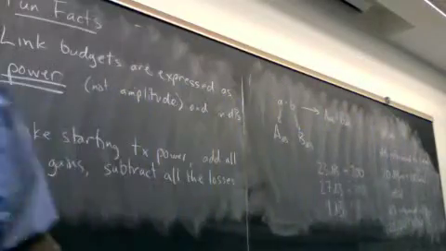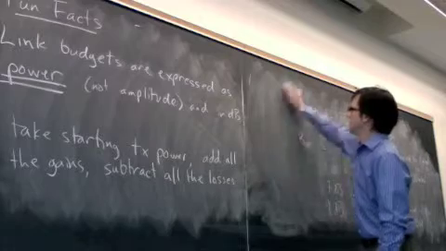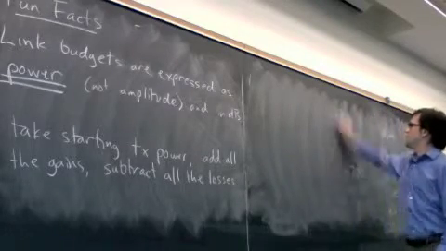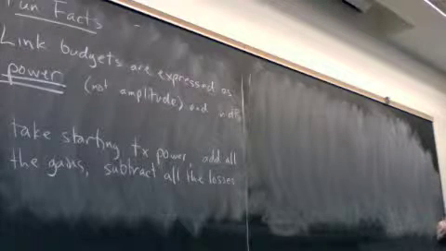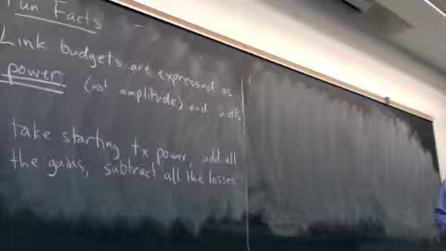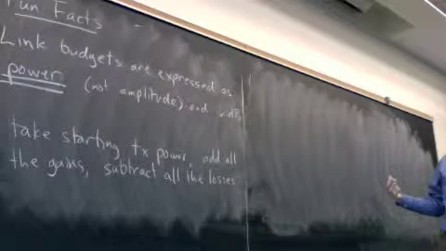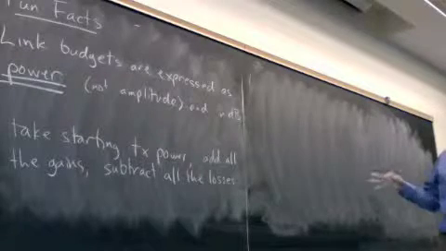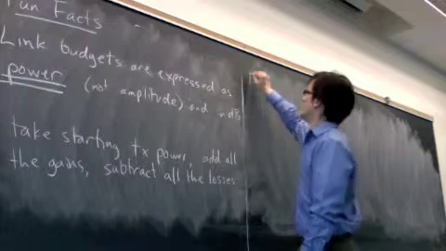So if you look at a real link budget, they will contain an awful lot of factors, each representing specific gains and losses that the system designers are interested in. So this is a fairly basic example, but it encapsulates the idea.